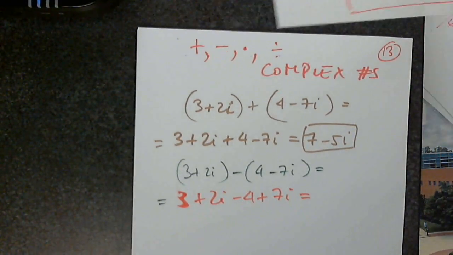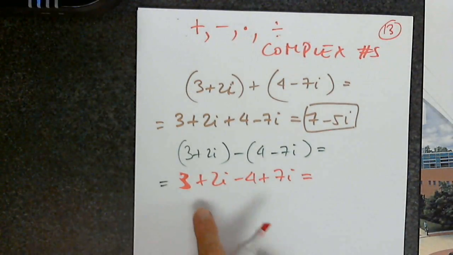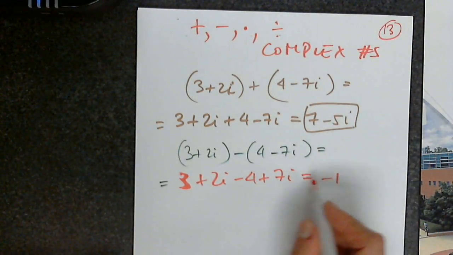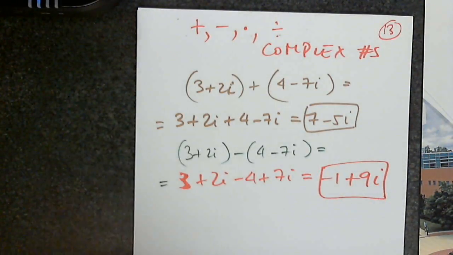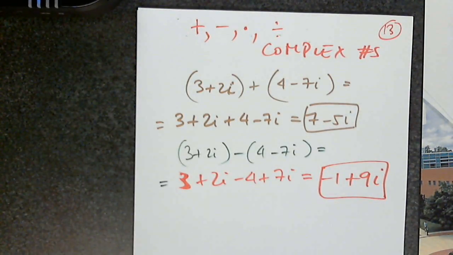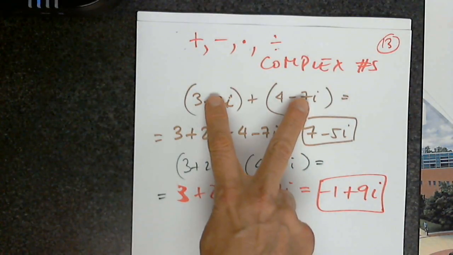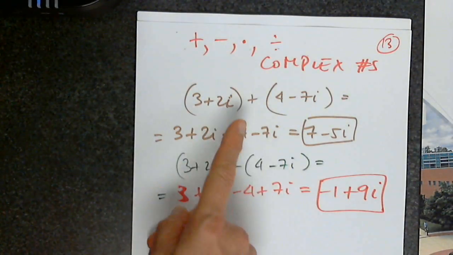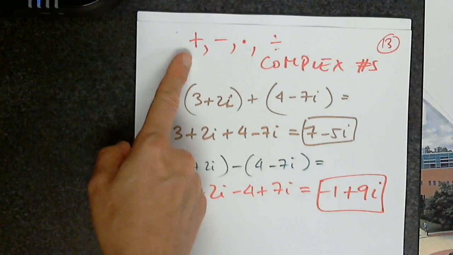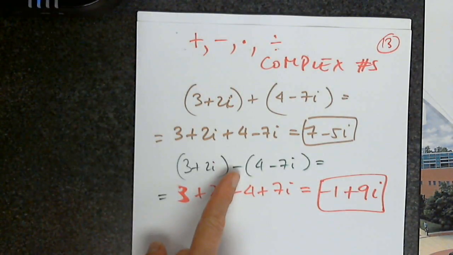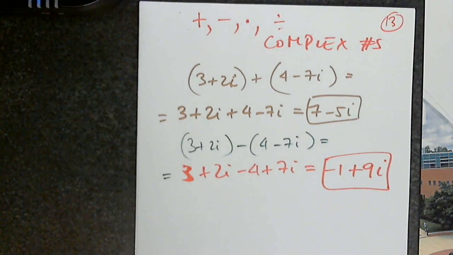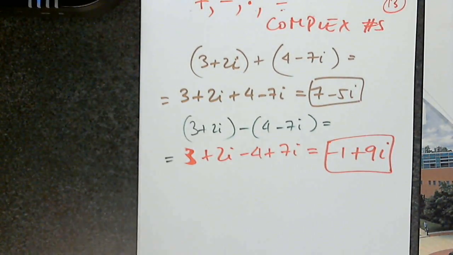And of course, I will combine like terms. So I have negative 1 and then plus 9i. Yes, Becky? We copied the same complex numbers, but we showed an example with addition. Now I want to show an example with subtraction. And then we're going to multiply them.